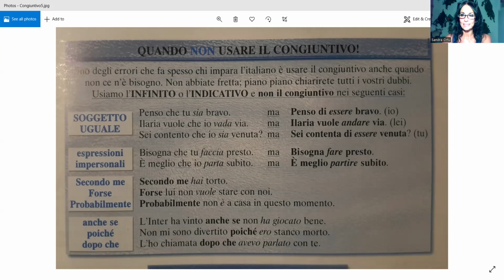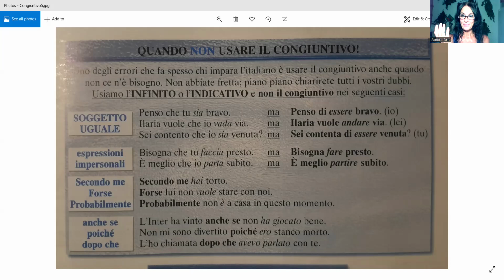If it is true, if it is real, if we have the evidence, that is not how we decide to use the subjunctive or not. The subjunctive is used when we have those specific verbs, those specific expressions, those specific conjunctions. It's not that, oh, but we don't really know if it happens, I'm not sure, so I can use the subjunctive.